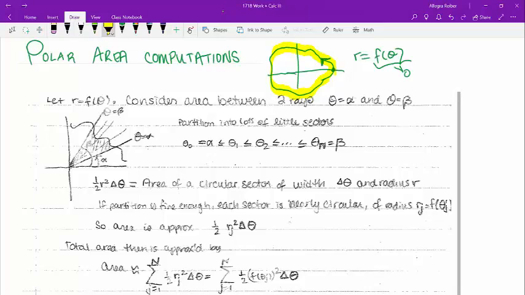If we look at the illustrated image in the notes, we're going to consider this curvy line. This represents the graph of r equals f of theta. So this is some polar curve, like maybe a limacon or some sort of polar flower. Then we consider how much area gets filled between two particular theta measurements.